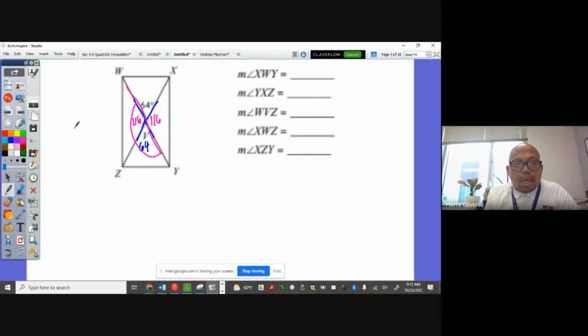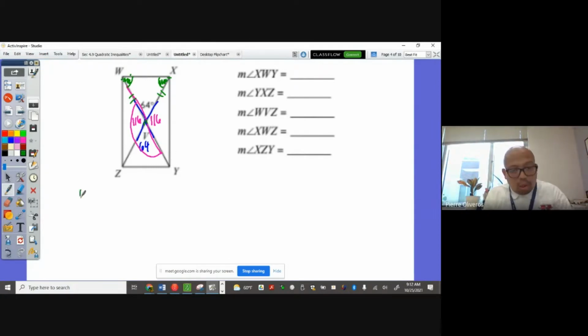Now, we know that this kind of triangle we have is isosceles because these two here are equal. So I know whatever is this one should be equal to that one. And the sum of the angles of a triangle is 180 degrees. So for me to find these two green angles, VWX or VXW, I know they're the same, I just have to subtract the 64 from 180.